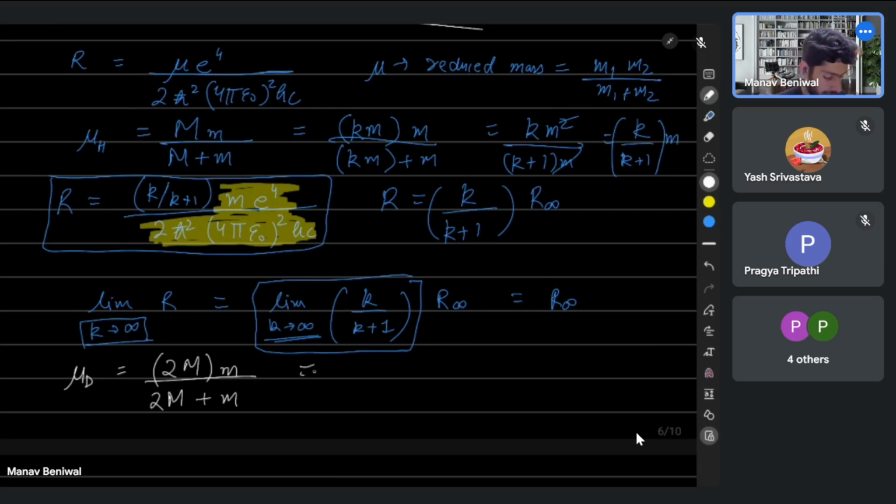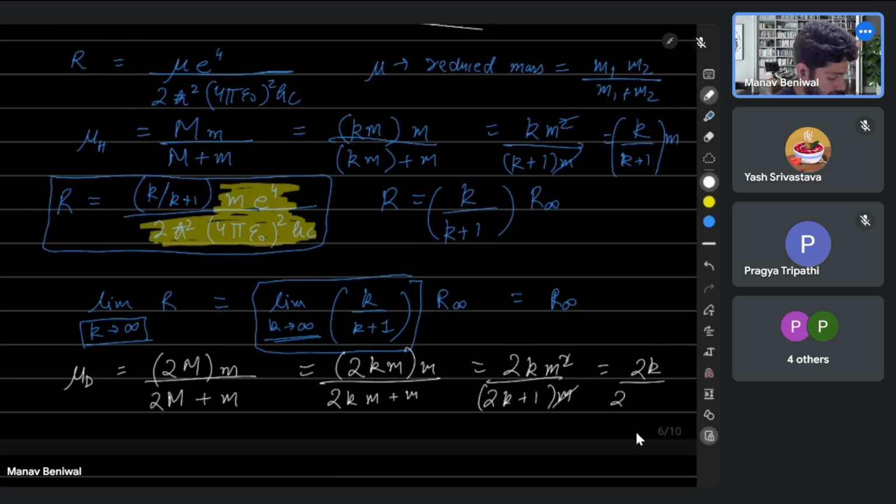Again, let us replace capital M by km. So this becomes 2k m squared upon (2k plus 1) times m. This cancels, and this becomes 2k over (2k plus 1) times m. Okay, this is fine.